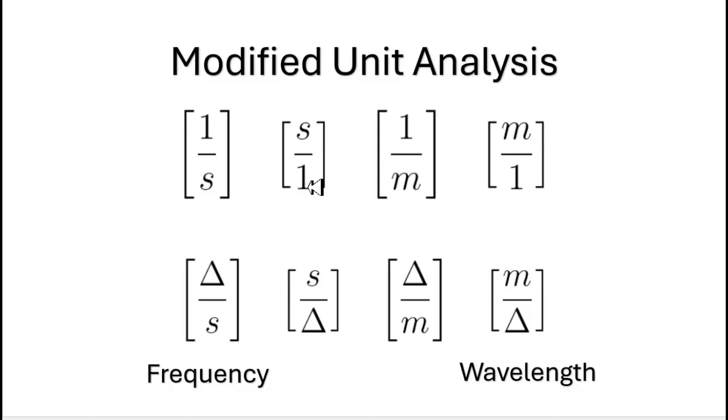So instead of using the 1 symbol for the cycle term in unit analysis, I use this little triangle term. So that is my quick review of modified unit analysis and the reasoning behind switching from the NIST standard to modified unit analysis.